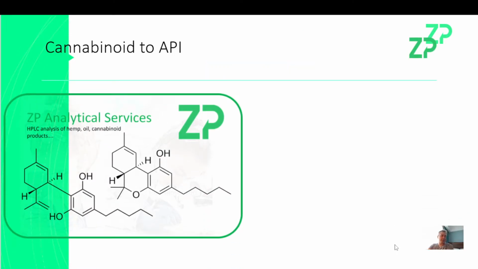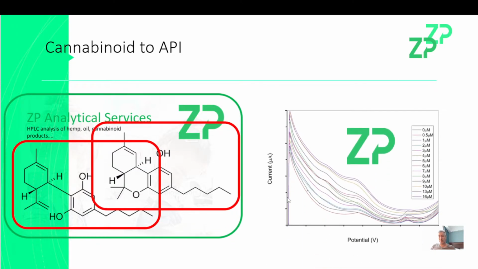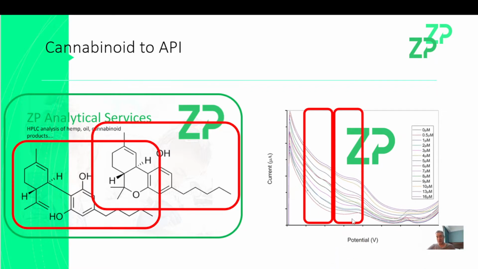When we're talking about cannabinoids, as I say, CBD, cannabidiol rather, or THC, tetrahydrocannabinol. What we're doing is the testing or the identification of compounds such as this using our core IP at Zimmer Peacock, which is often based around electrochemistry.